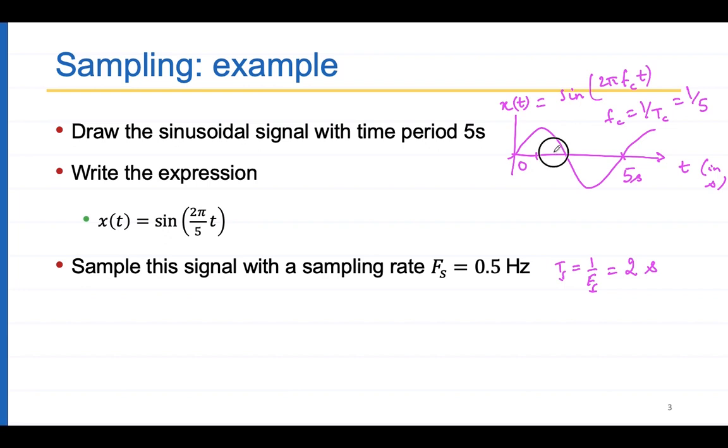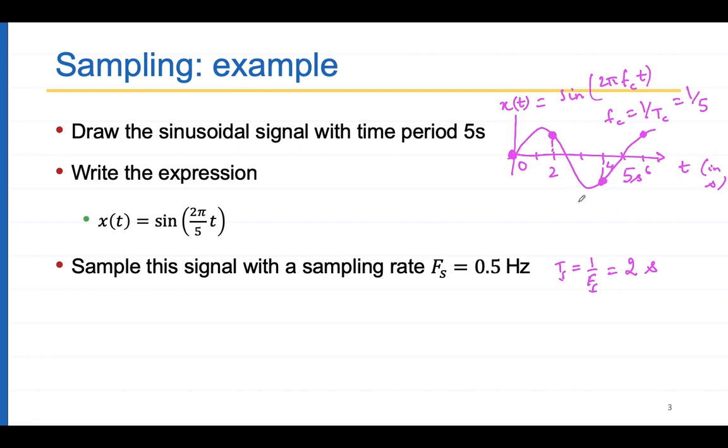So at 2 and at 4, I have to sample. If I sample at 2, I get this value. If I sample at 4, I get this value. And then don't forget to sample at 0 as well. Then further I'll be sampling at 6 also. But within one time period, it is something like this.